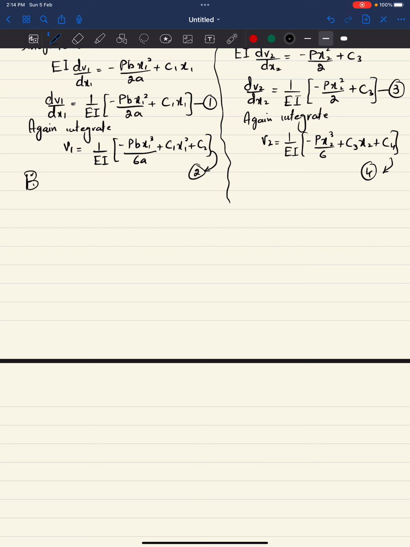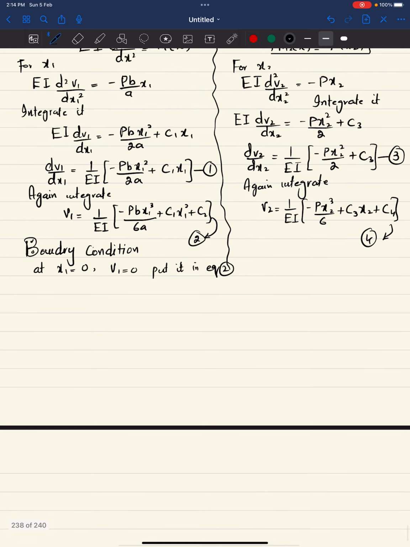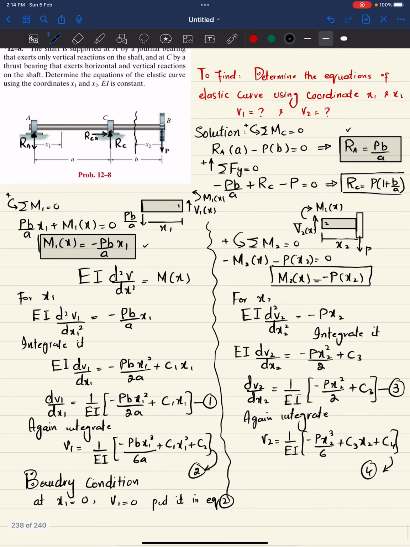So what are the boundary conditions? I will write the first boundary condition: at x1 equal to 0, we have v1 equal to 0, and put it in equation 2. Let me show you that at x equal to 0, our deflection v1 is equal to 0.